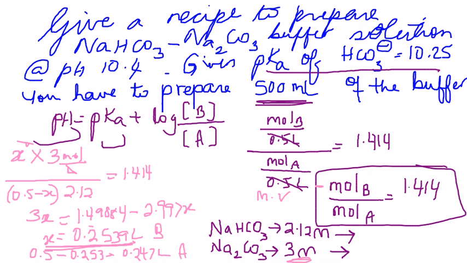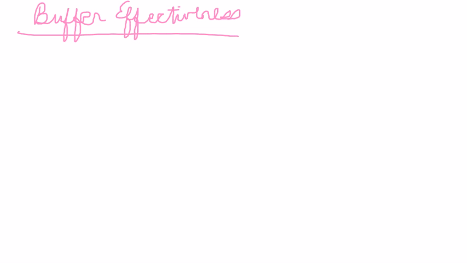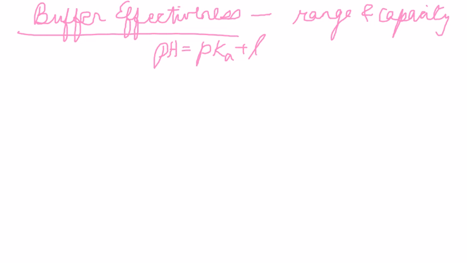This is base, that's the acid. Understand what I told you in class. The buffer effectiveness can be measured using the buffer range and the capacity. Range and capacity. So a couple of things on that. The Henderson-Hasselbalch equation gives you that pH is equal to pKa plus log of the base divided by the acid, the concentrations of those.